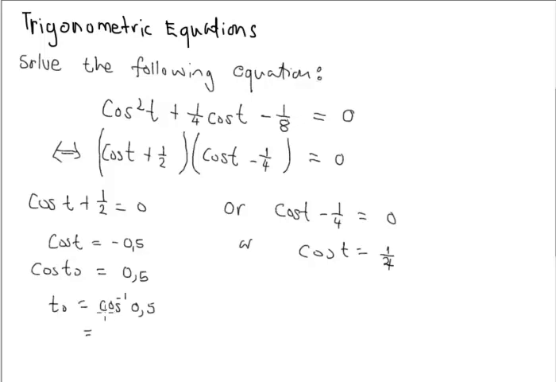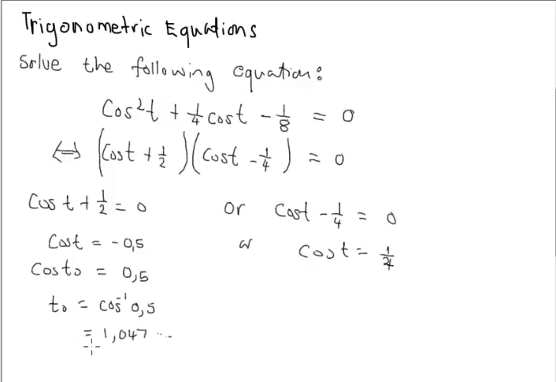1.047. We're getting that t is 1.047. That is in the first quadrant, isn't it?